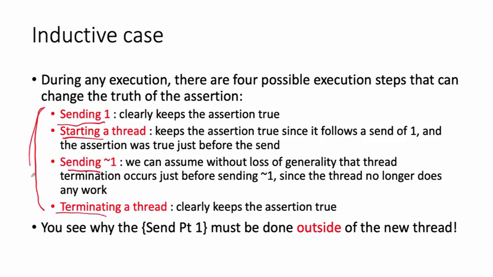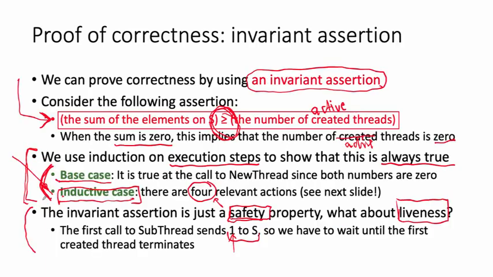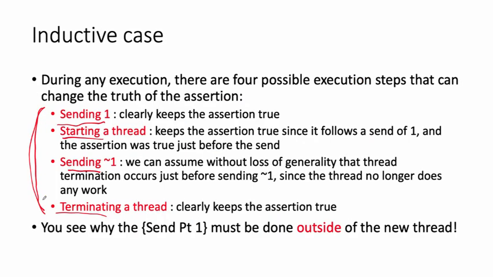These are 4 actions that could change the truth value. Now remember, the invariant says the sum of the elements on S is greater than or equal to the number of active threads.